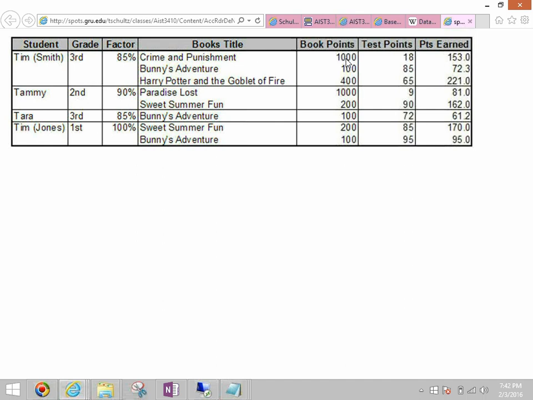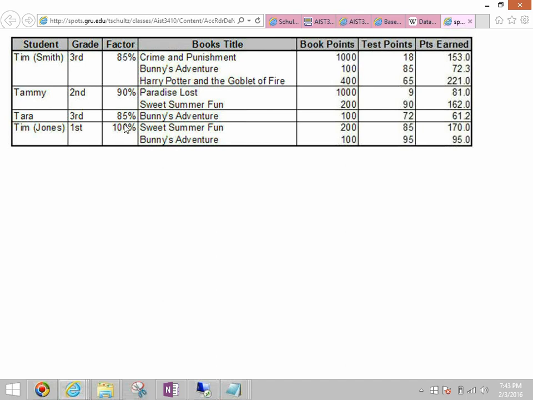So here's kind of what I'd want to try to get to. This is the way that an instructor, a real person, might think about their data. And we can envision it being done in a spreadsheet, in Excel, and it all makes sense. We know who the students are. We know what grade they're in. Oh, by the way, there's a factor. A third grader doing the same on a test as a second grader only gets 85%.